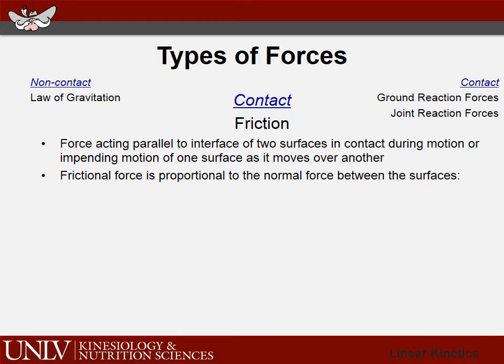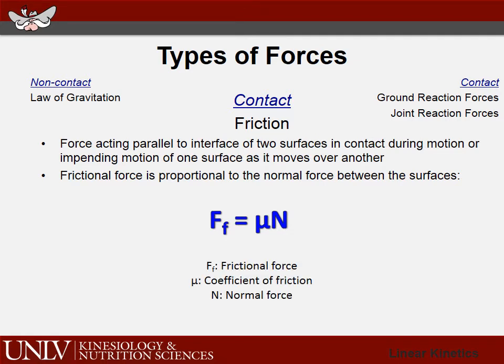This frictional force is in proportion to the normal force, and that's a contact force. Normal force is the ground reaction force type of thing, but it's also the force of one object pushing on the other; it is the normal force between two surfaces. So the frictional force equals mu times N. Mu is the coefficient of friction, N is the normal force, and F sub F is the frictional force.